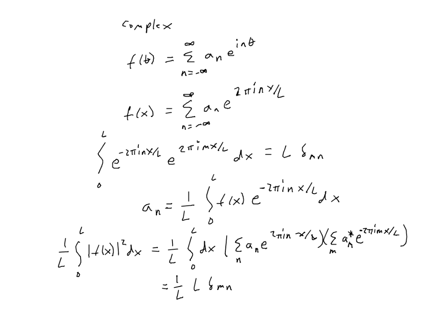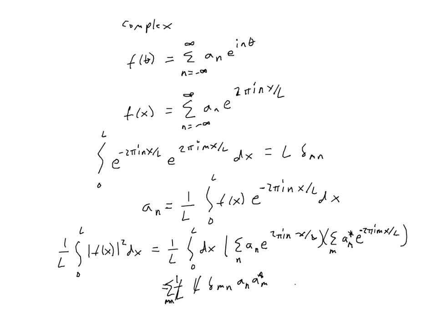Well, actually, sorry, all this is under the sum over m and n. So then you're going to end up with just the coefficients multiplied by each other. So that's going to give you the a sub n and the a complex conjugate m.